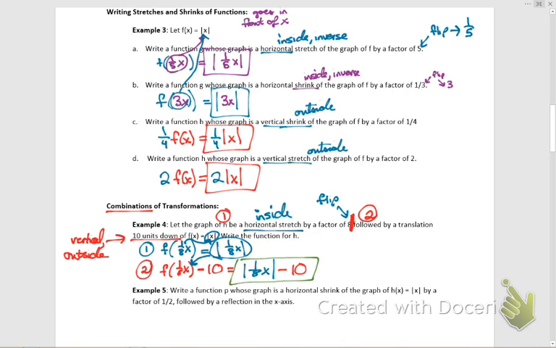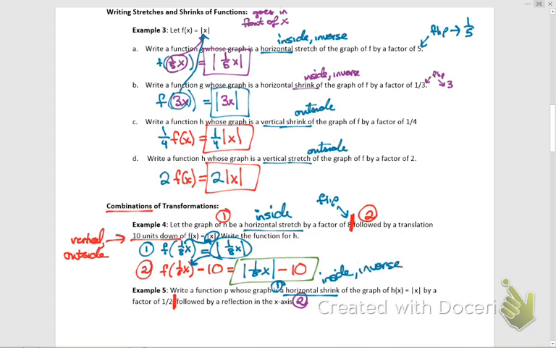Write a function whose graph is a horizontal shrink of the graph by a factor of 1/2, followed by, okay, that's the key term. Okay, so that splits this. So we have the horizontal shrink first, and then the second thing is the reflection in the x-axis. So let's do the horizontal shrink first. Well, it's horizontal, so it goes inside, and we do the inverse.